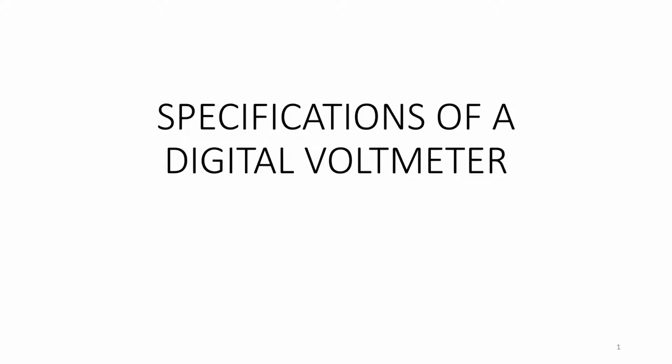The digital instruments are rapidly replacing the analog instruments because of their easy readability, better resolution, and higher accuracy. So digital instruments display the output in the numerical form, that is the digital form.